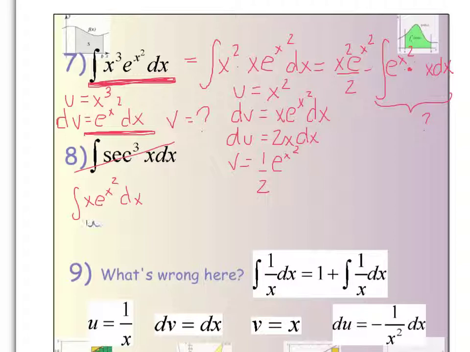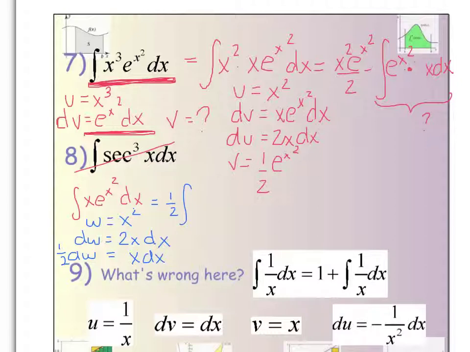Let w equal x squared, then dw will equal 2x dx. And so x dx is equal to 1/2 dw. And this integral becomes 1/2 the integral of e to the w dw, which is simply 1/2 e to the w, which is x squared, plus some constant.